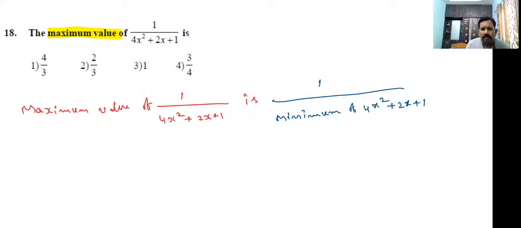Okay. So how to find the minimum value of 4x square plus 2x plus 1?